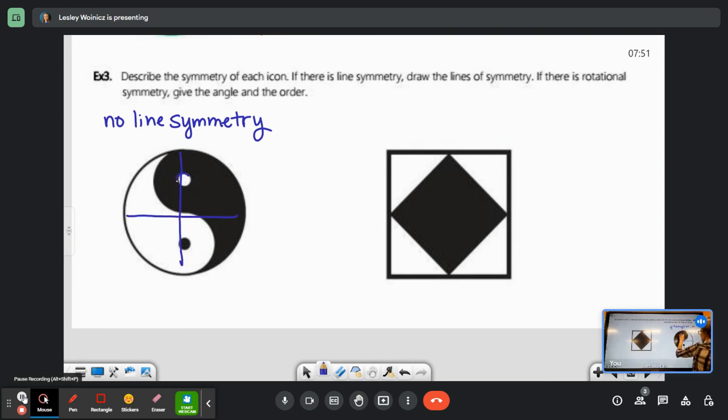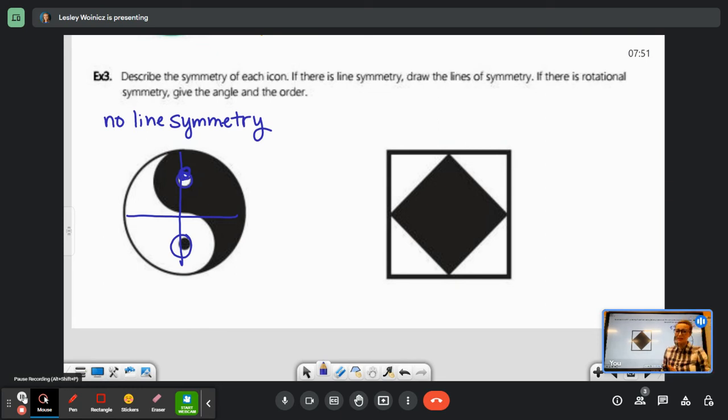Now let's see what happens if we try to rotate it. If we rotate this white dot 90 degrees, does it look the same? Well, no, because the black dot's going to be over here. It does not look the same. What if we rotate the white dot 180 degrees? Well, it lands on the black dot, but now we got the black dot where the white dot was.